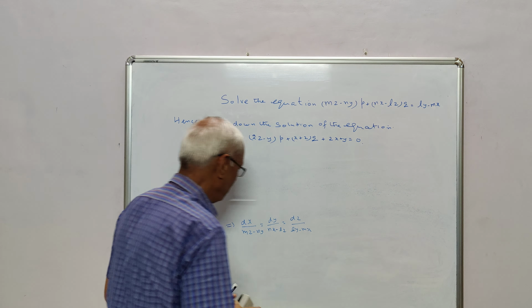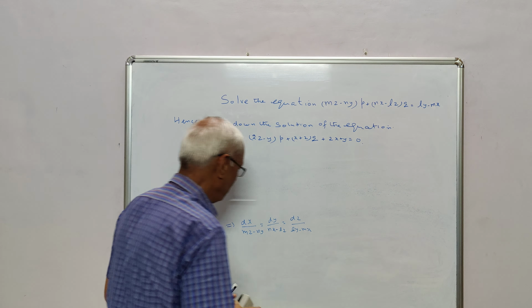If you do the multiplication, you see that this will be x into dx will be mzx minus nyx plus nxy minus lzy plus lyz minus mxz.